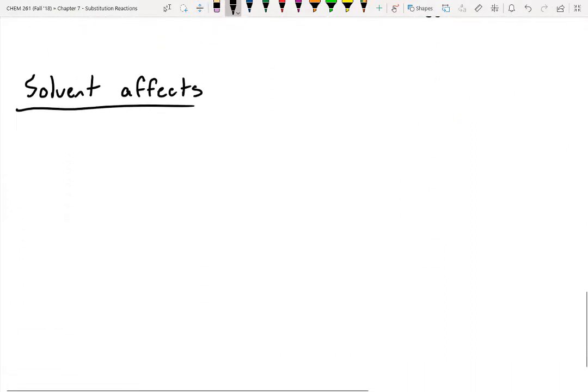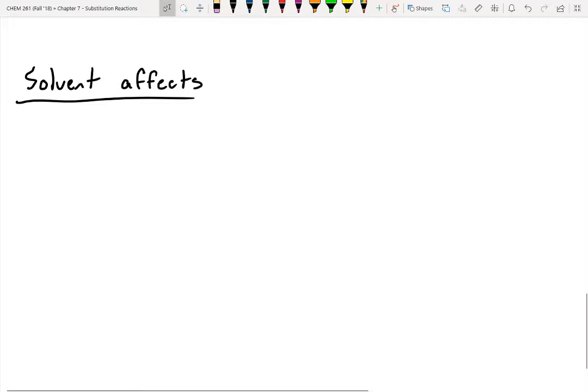All right, so solvent effects. Big thing to remember is that leaving groups are more stable falling off in what solvents? Polar protic or polar aprotic? Polar protic.